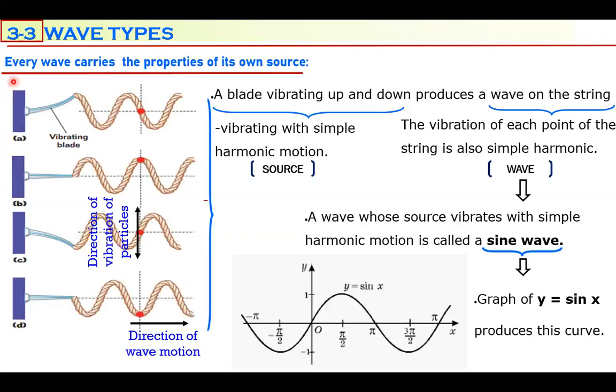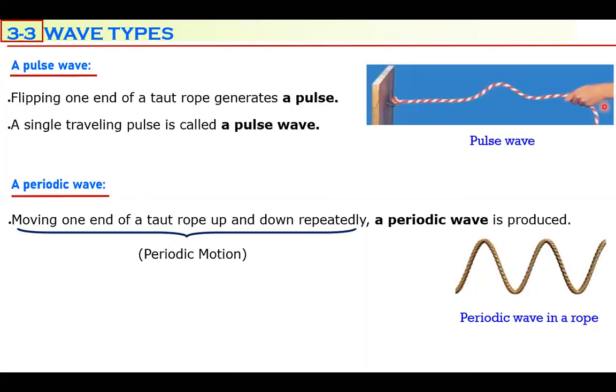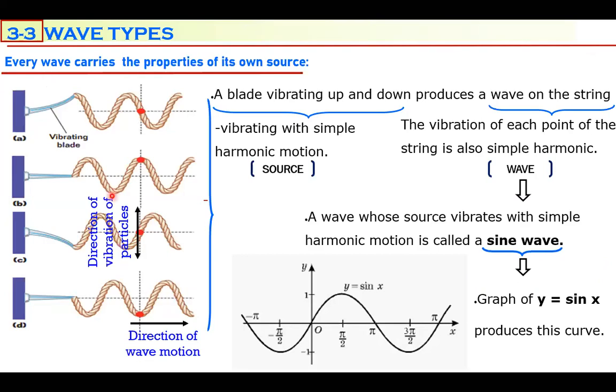And every wave carries the property of its own source. So how many times your hand is vibrating up and down, the particles of the wave are also vibrating up and down with the same frequency. Like in your book, this is explained like a vibrating blade. It's an elastic object. So when you attach a rope to this blade and vibrate this blade up and down, this blade vibrating up and down produces a wave on the string.